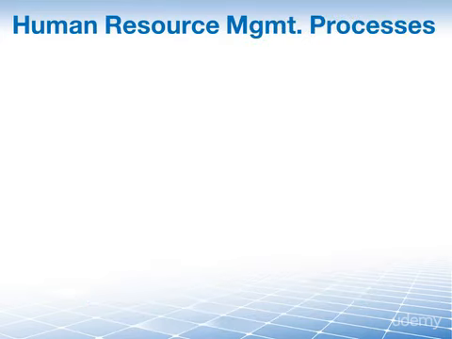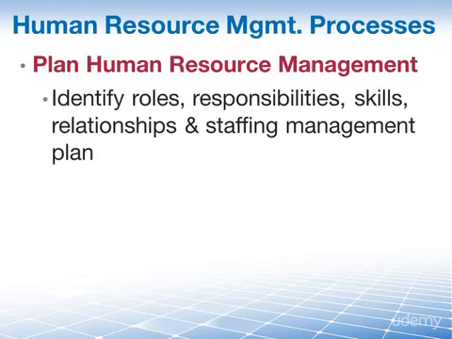And like I said in the opening, these processes are organized very methodically. First, you plan something, and then you implement it. Our first process is therefore Plan Human Resource Management. The process of identifying and documenting project roles, responsibilities, required skills, reporting relationships, and creating a staffing management plan.